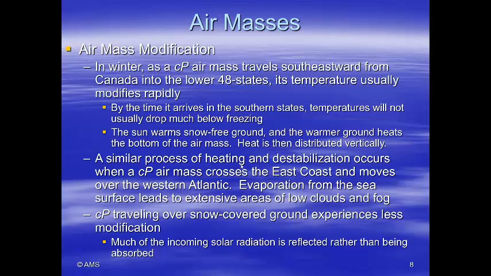A similar process of heating and destabilization occurs when a continental polar air mass crosses the east coast and moves over the western Atlantic. The evaporation from the sea surface leads to extensive areas of low clouds and fog.